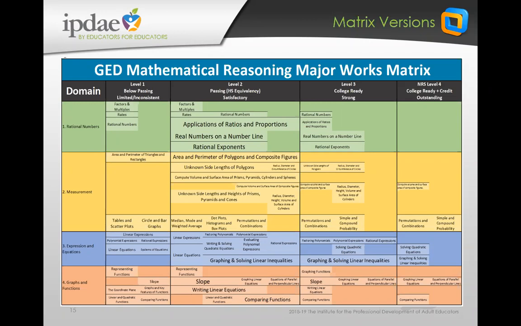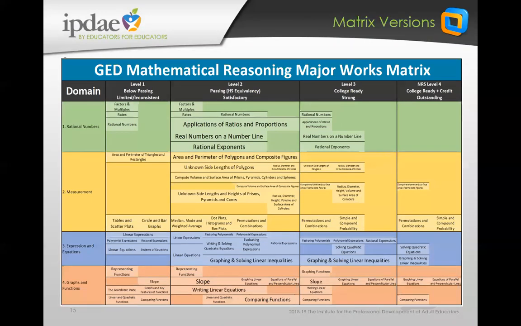Based on how many objectives or items within that topic are included in the performance level descriptors, we grouped them together and wrote out the name or summary topic that they all fall under.